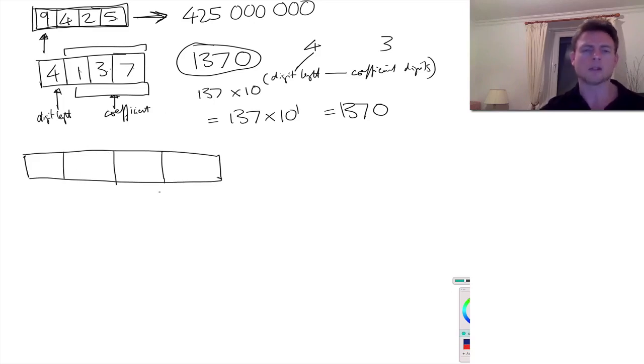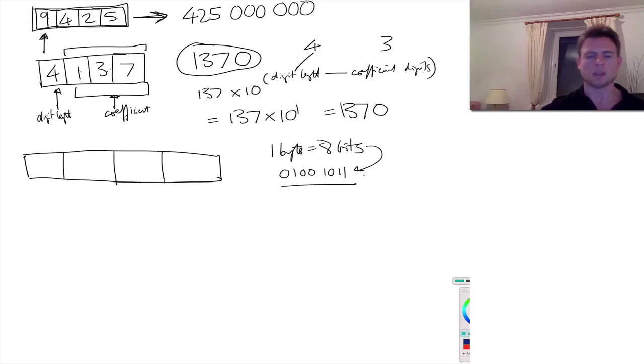Now, 1 byte equals 8 bits. For example, 0, 1, 0, 0, 1, 0, 1, 1. That's 1 byte, 8 bits, in binary. In 1 byte, there are 256 possible values.